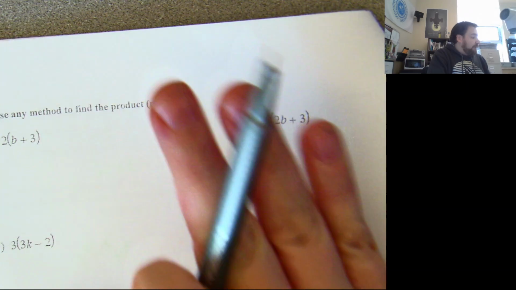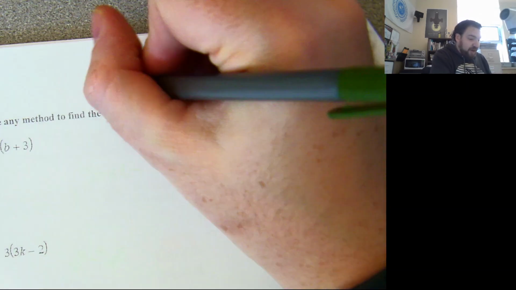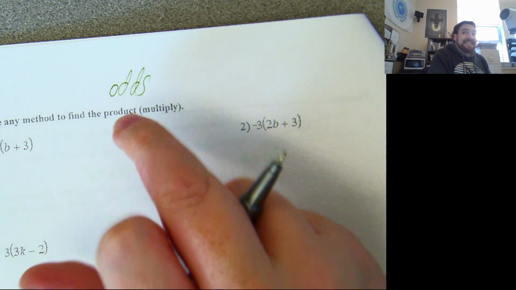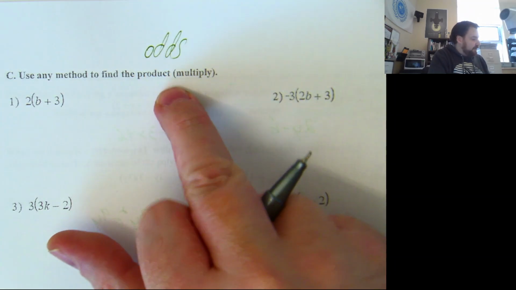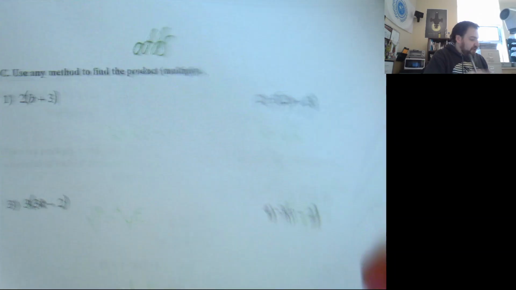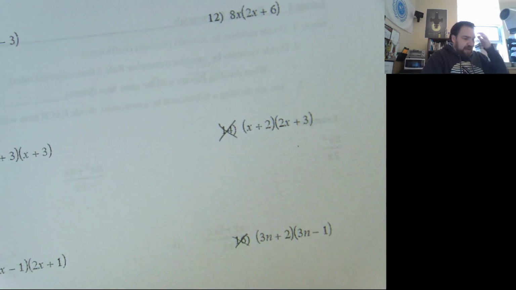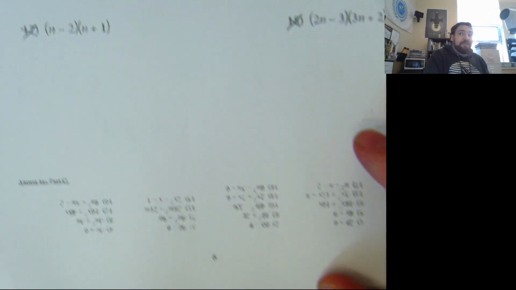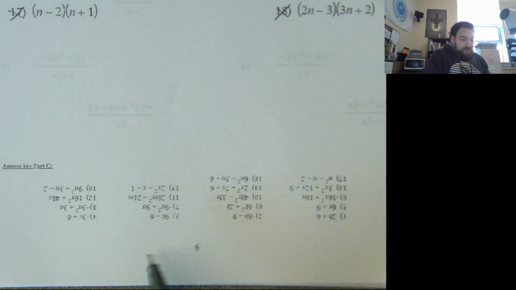I had originally written odds up top here, and she didn't, so I wasn't sure what she did with that. No, she said all of them, and then just crossed out these ones. Okay, cool, that's fair. There was an answer key at the bottom for these ones, so it's not just super easy to look at. You actually have to turn the page and make an effort.